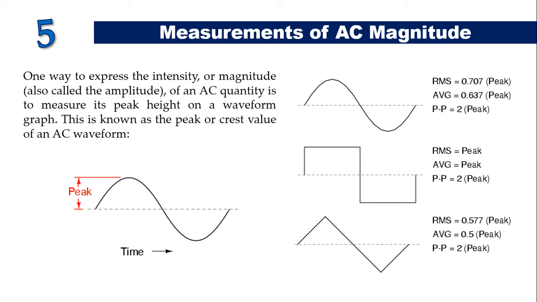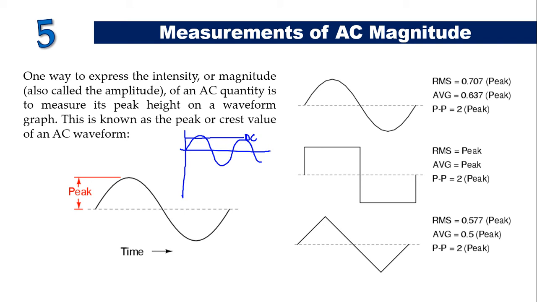So, however, minsan we encounter a measurement problem if we try to express how large or small an AC quantity is. So, with DC kasi, medyo stable yung current or yung voltage. Parang straight line lang siya pag DC, di ba? Hindi tulad ng AC, mayroon changes.